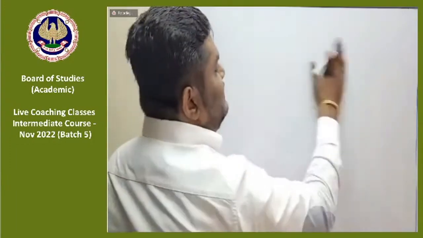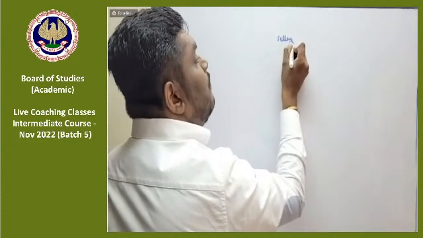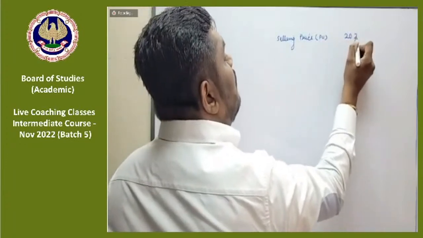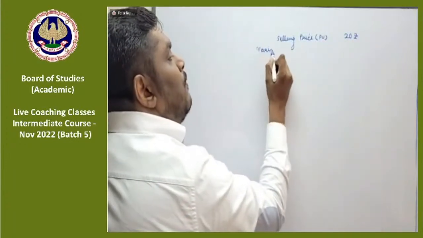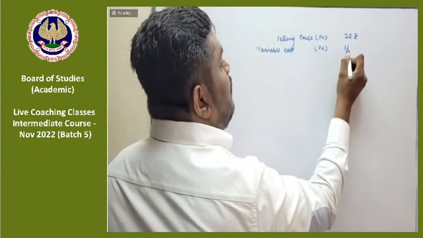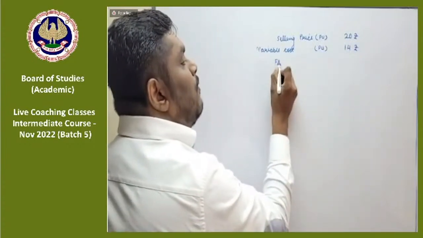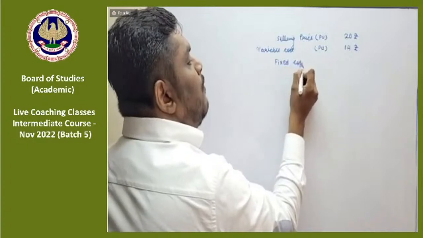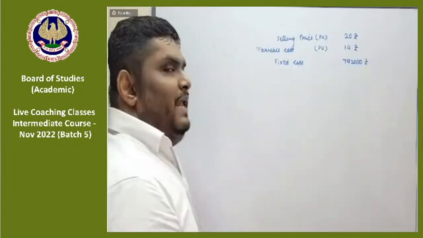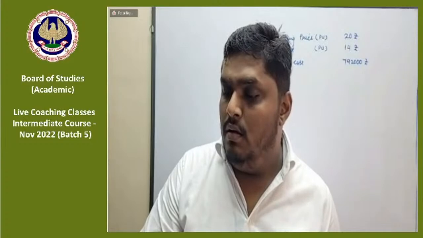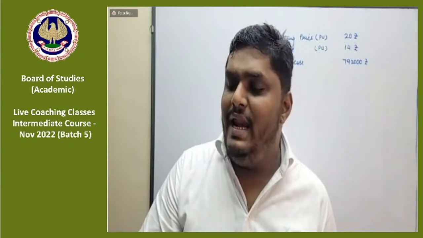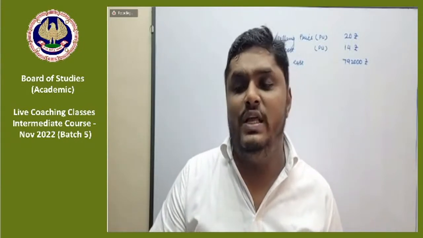One more question, guys. Selling price per unit 20. There are n number of ways to solve the question.